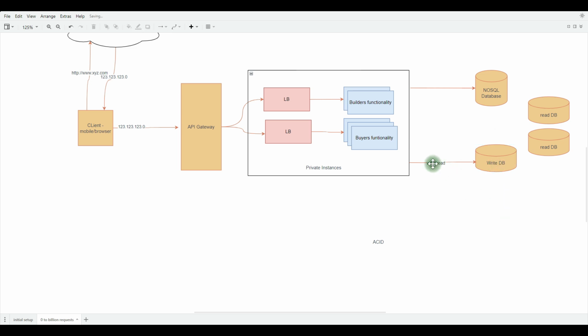All right, so all the write scenarios will be taken care of by the write database. All right, and all the read flows will be taken care of by the read replicas in here.